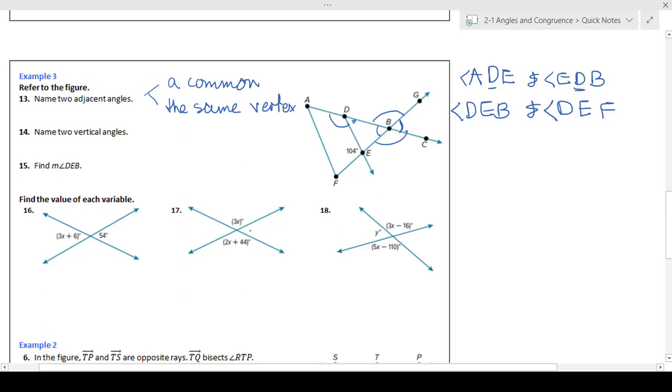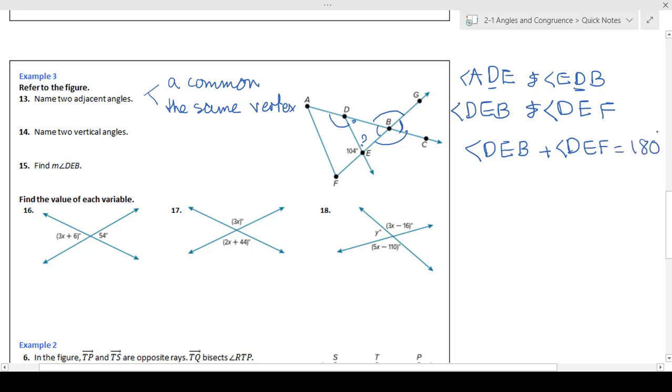Now, he wants the measure of angle GEB. This is GEB, this one. We know that GEB with GEF make a linear pair. The angle GEB plus GEF equals 180 degrees.